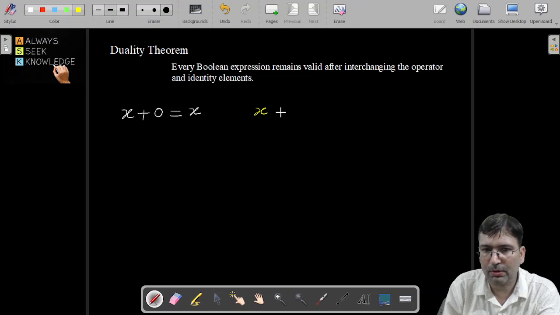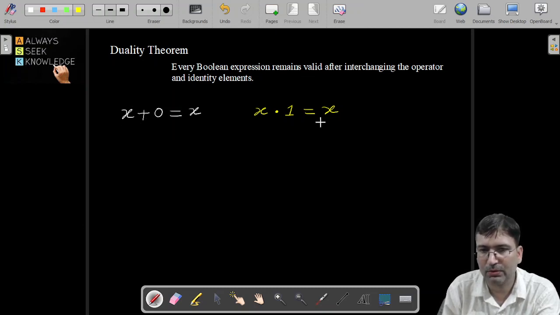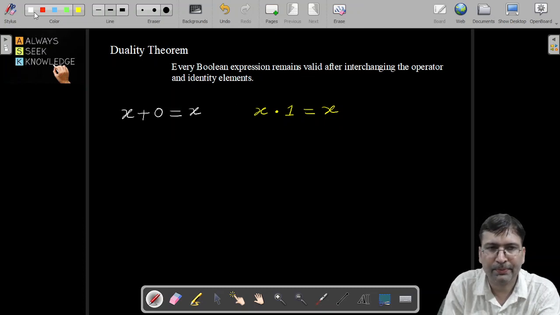Instead of or, we will use and, and the identity element of 0 is 1, so x and 1 is equal to x. This is the dual form of the given Boolean expression, and it is also valid. x dot 1 is equal to x, right?